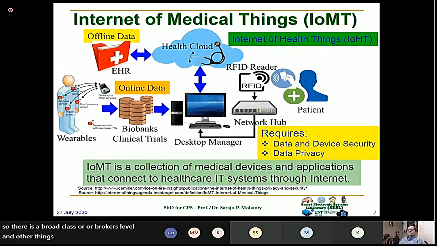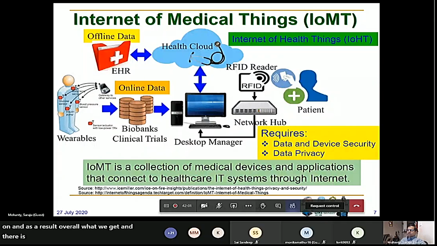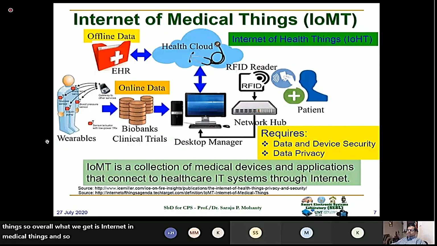All these wearables, and implantables also, are connected through Bluetooth or Wi-Fi, and then the data goes through a router and so on, and there is the electronic health record. Overall, what we get is the Internet of Medical Things. So this is a specific example.